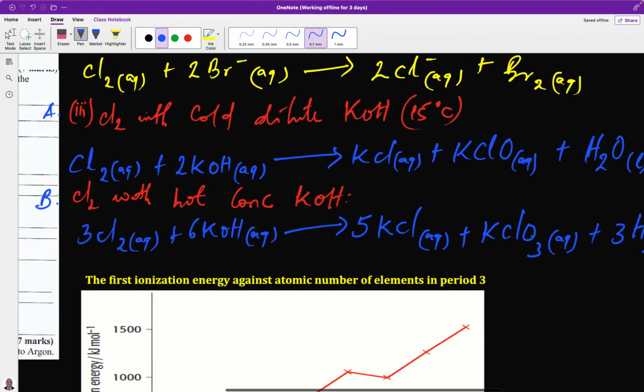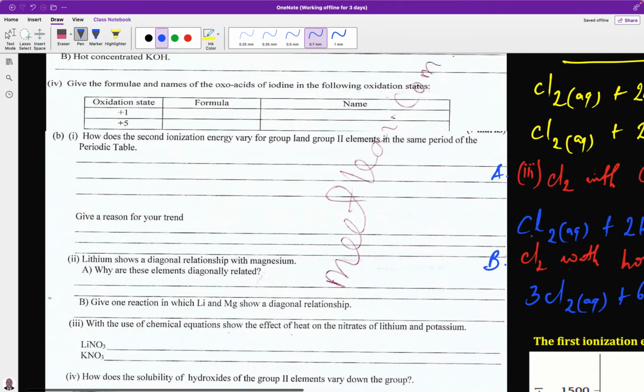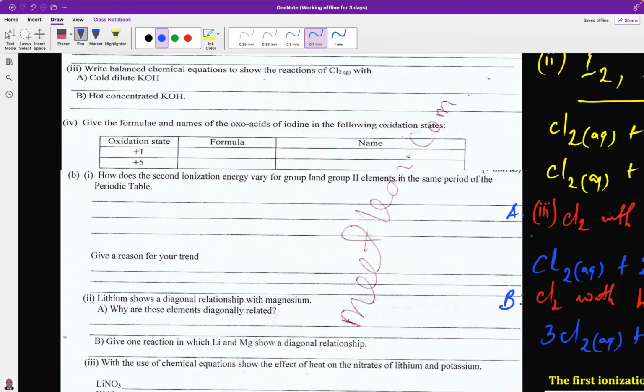Now, number four: give the formula and the name of the oxo acids of iodine in the following oxidation states.